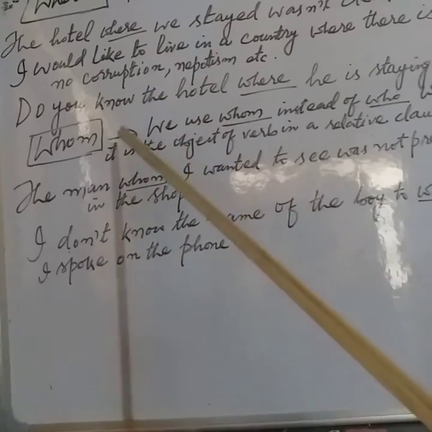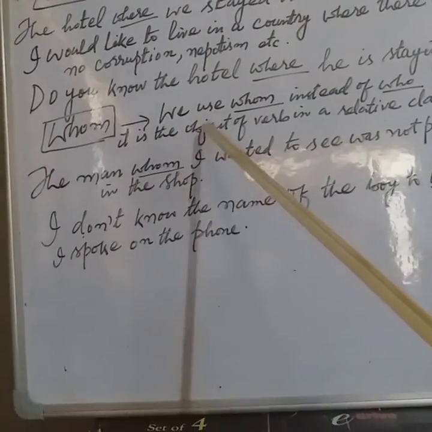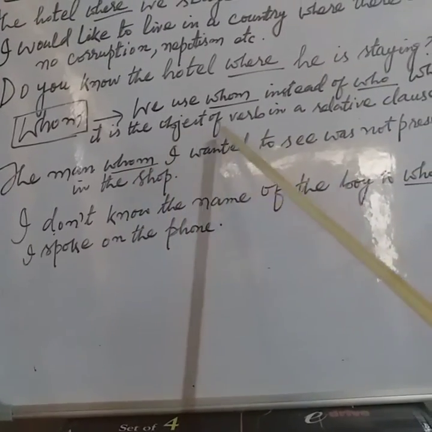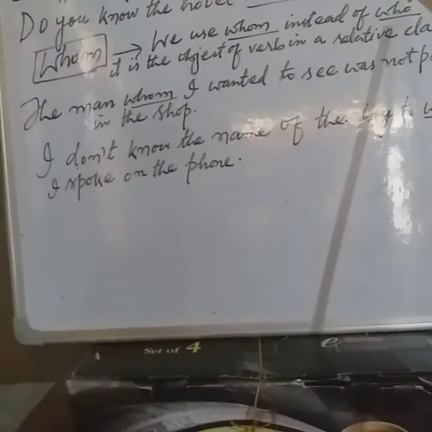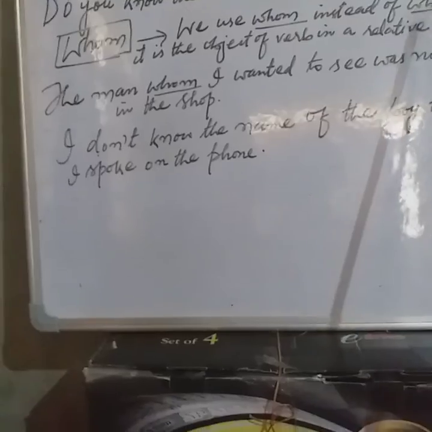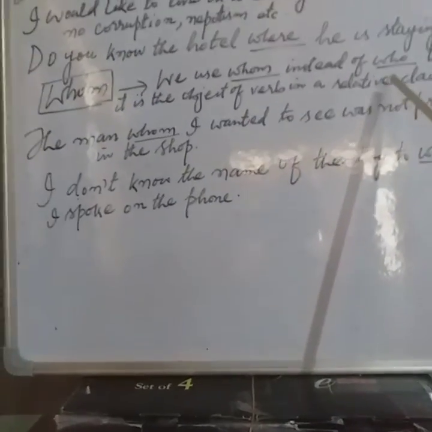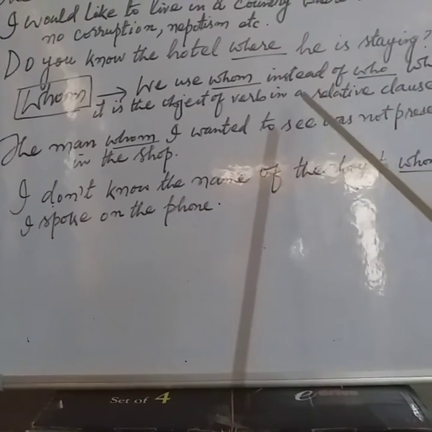After where, we will move to whom. Dear students, we use whom instead of who when it is the object of the verb in a relative clause. Here you should know this point.